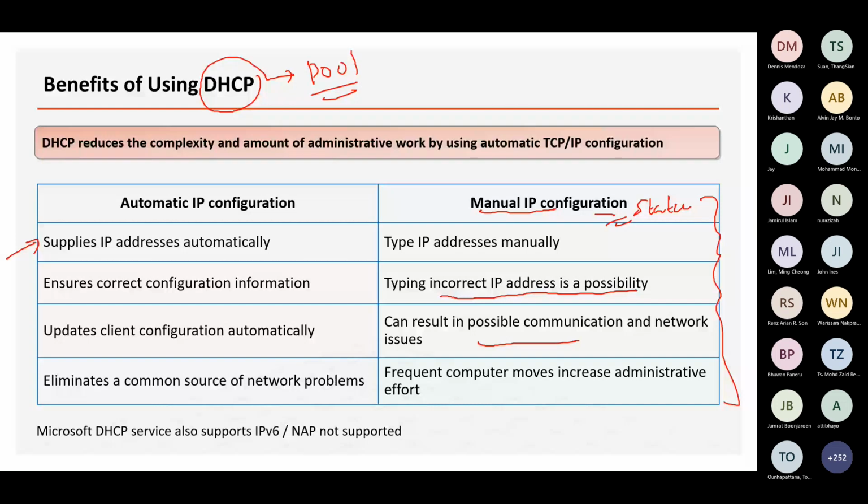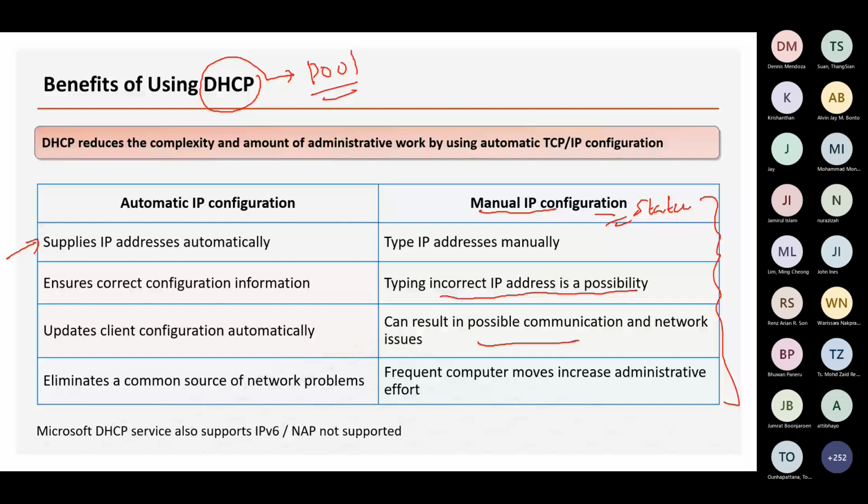What IP addresses I need to use inside my organization needs to be defined or designed by myself only. So if anyone wants to use an IP address here, the pool needs to be configured in DHCP. That's called a DHCP pool.